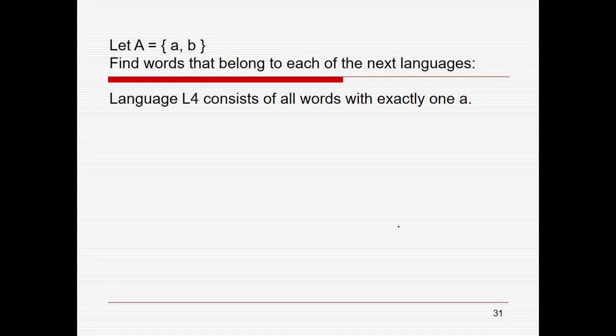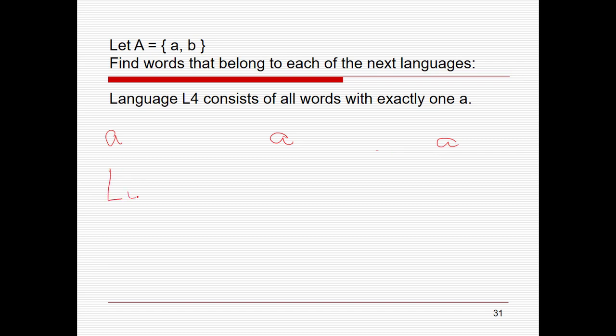L4 consists of all words with exactly one A. So now we don't care where the A is located. So it could be in the beginning, somewhere in the middle, in the end. We really don't care, as long as there's exactly one A in it.